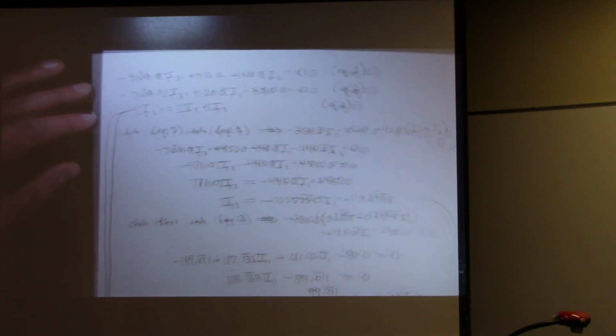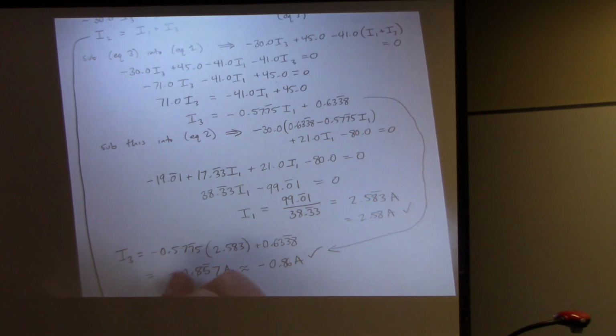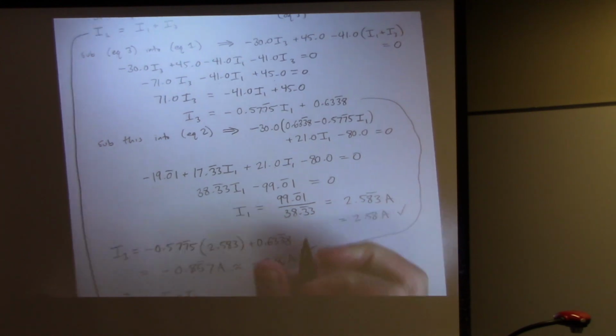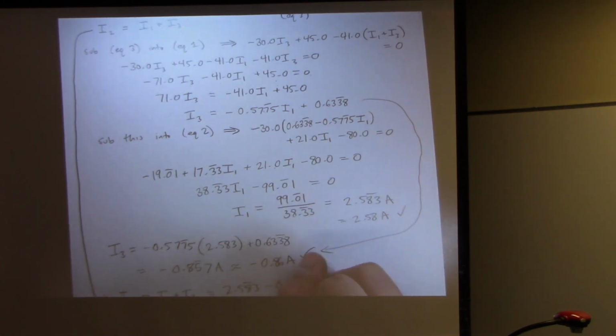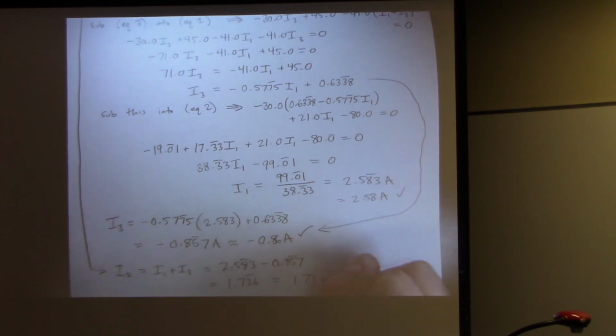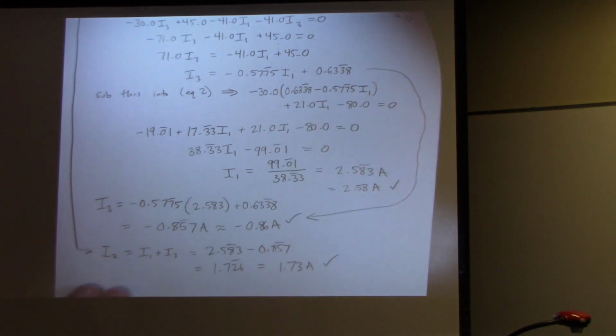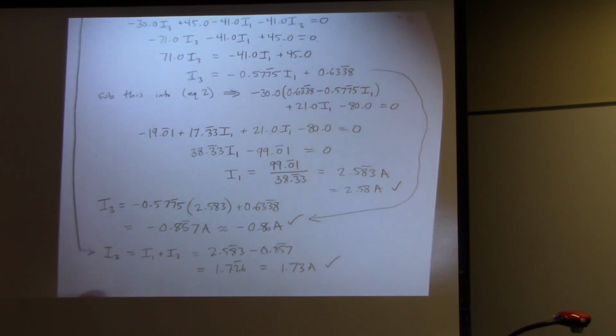So I2 is equal to I1 plus I3, and that means we have 2.583 minus 0.857, and the result of this is 1.726, which we round off to a nice 1.73 amps. Again, this one came out positive. That means the direction we initially assumed was correct.